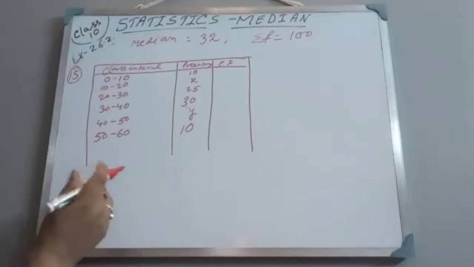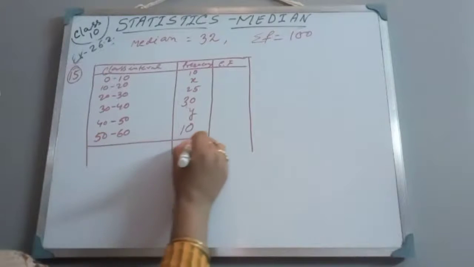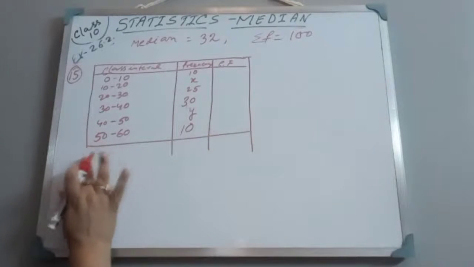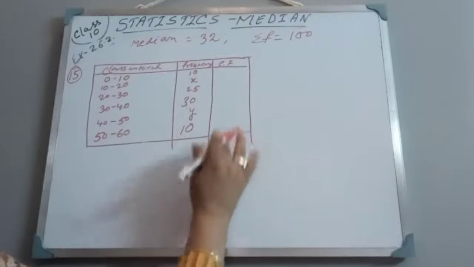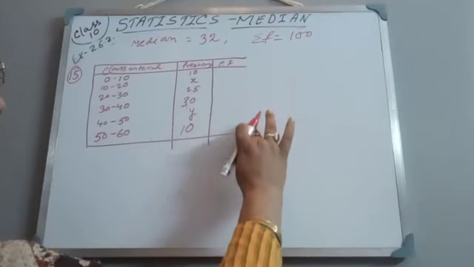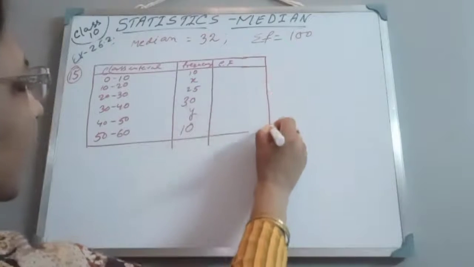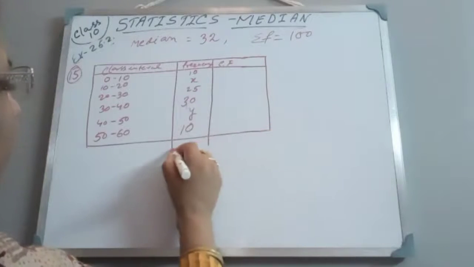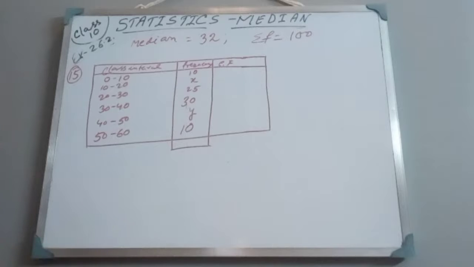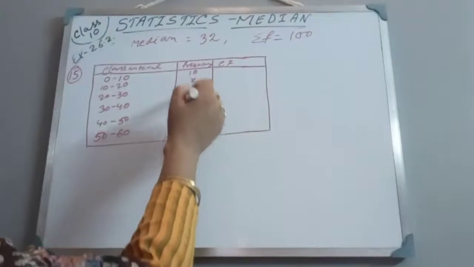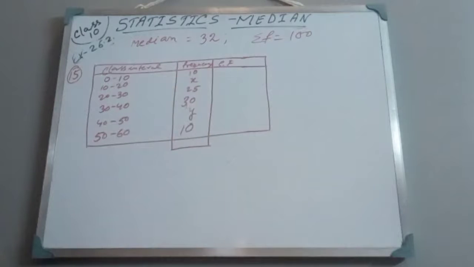We have to find the cumulative frequency column first. Now we know in the frequency column there are x and y. These two are unknown values, and we have to find them.